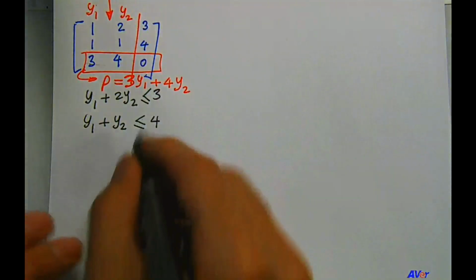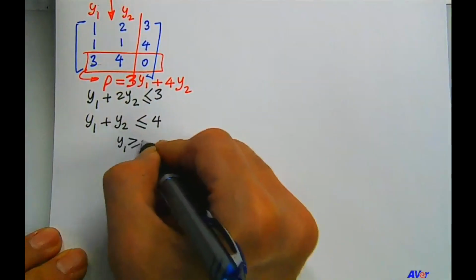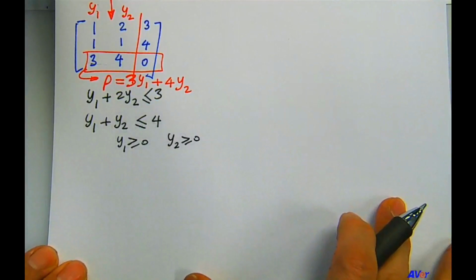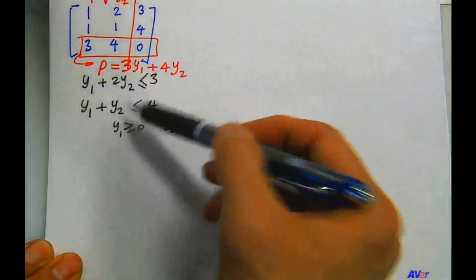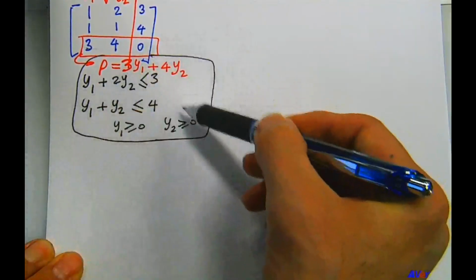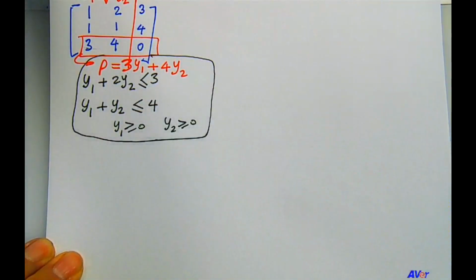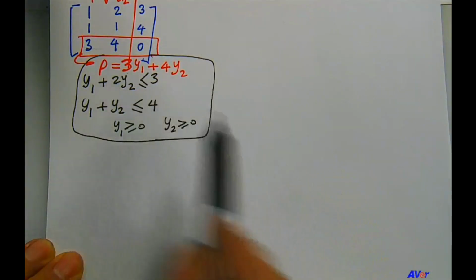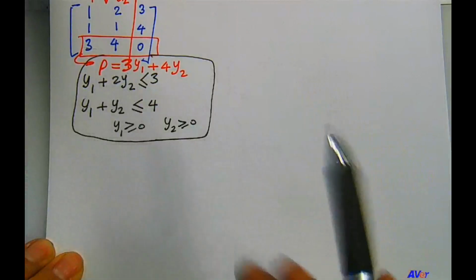And of course, we know that y1 is greater than or equal to 0, y2 is greater than or equal to 0. All right, so now, this being our dual or maximum problem, we can set up the initial simplex tableau. And just like in sections 5.1 and 5.2, we can go about solving this. But instead of x1 and x2, we have y1 and y2.